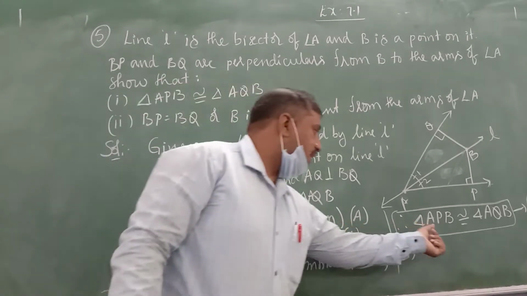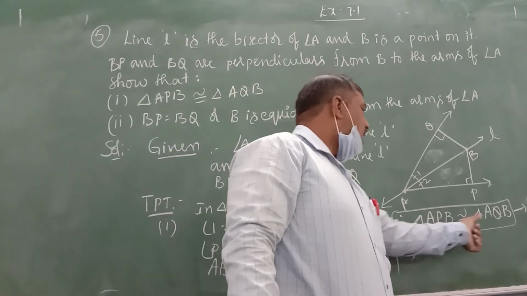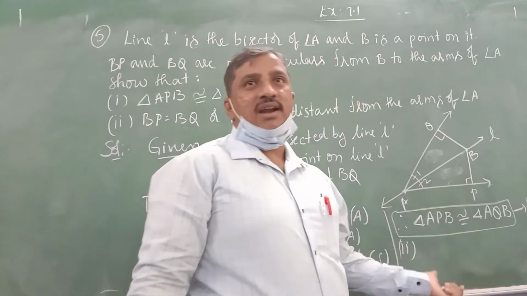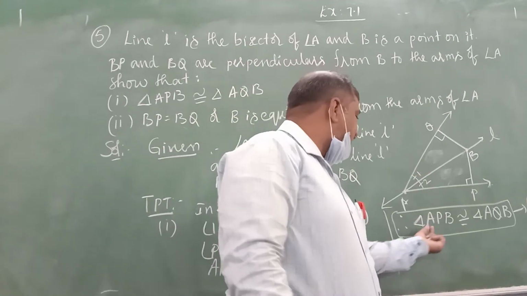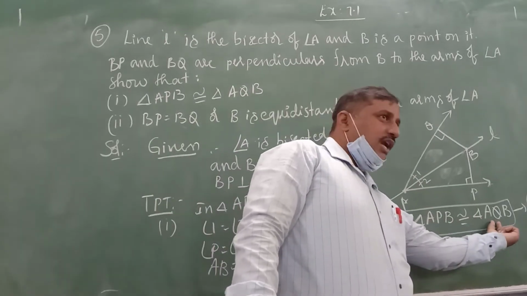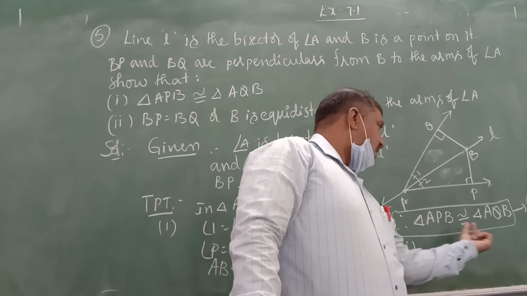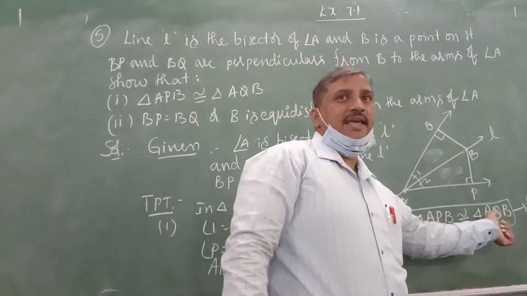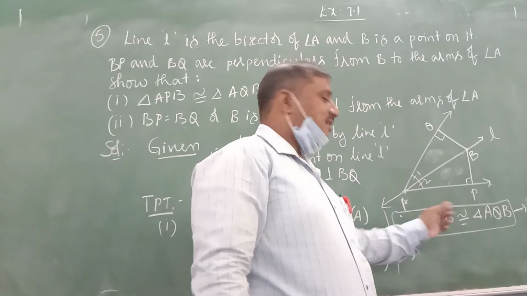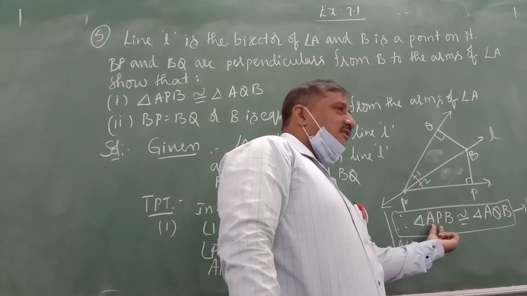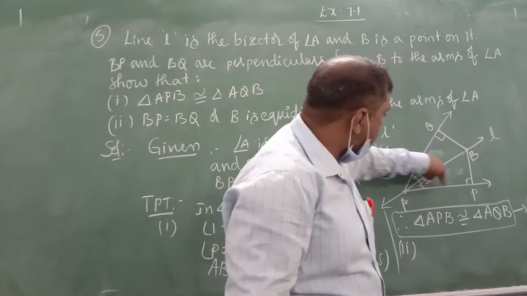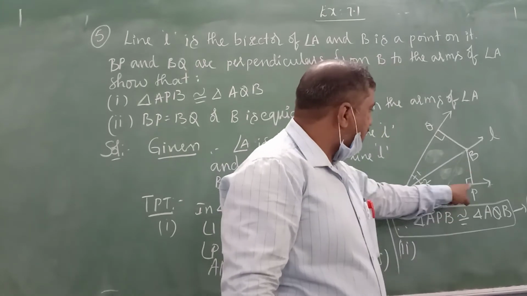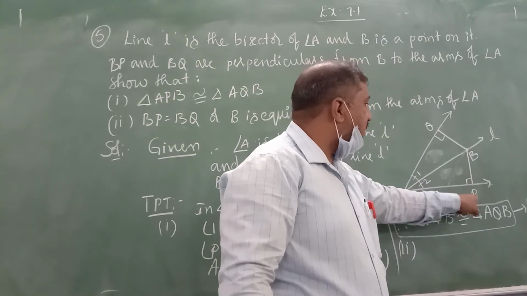Now observe this. APB and AQB are two congruent triangles. What are the congruent sides here? AP and AQ, PB and QB, similarly AB and AB. First letter with last letter, first letter with second letter, this will give you one side. PB means length of PB, or BQ here.